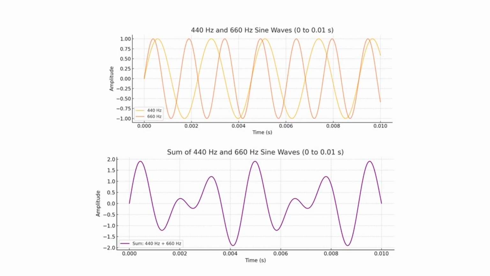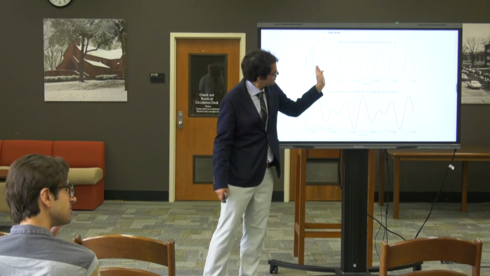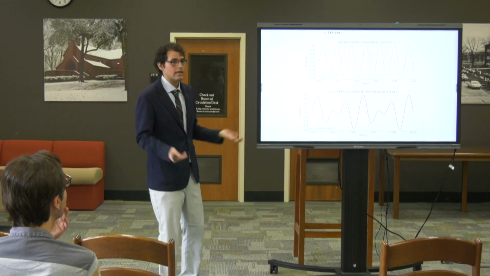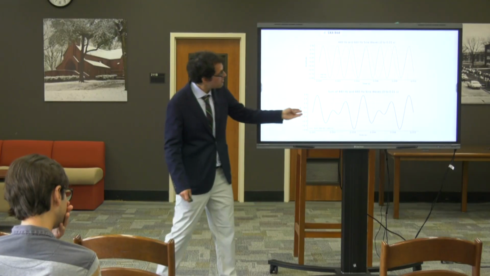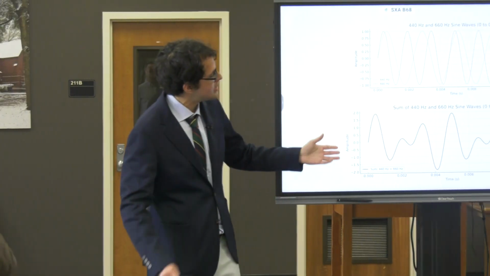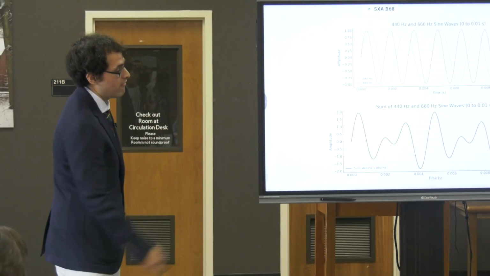OK, but what will happen if you play both notes at the same time? Perhaps intuitively you say, well, we'll have the two notes, something like this. But actually, because there are waves on air, they will add. They will change the form. And the wave will look a little bit more like this. It will be a bit more busy. And it will not be so easy to see exactly what frequencies are in this wave.